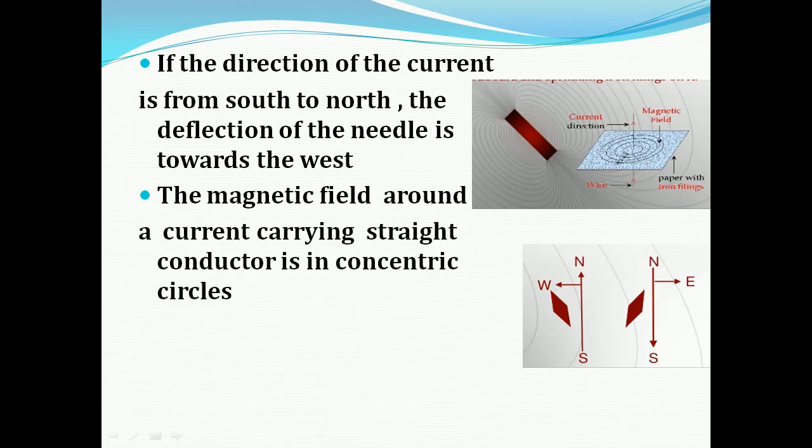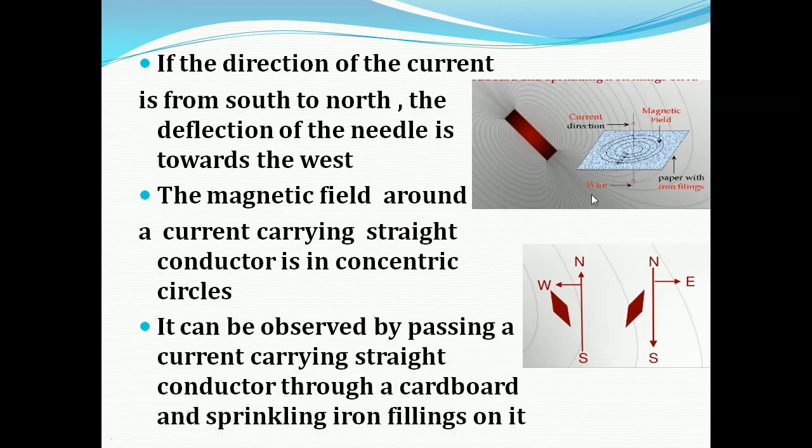And in this picture you can see the magnetic field around a current carrying straight conductor is in concentric circles. So if a magnetic field is produced by a current carrying straight conductor, it will be in the form of concentric circles.